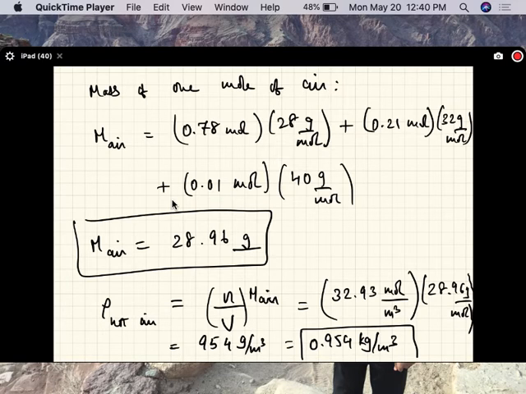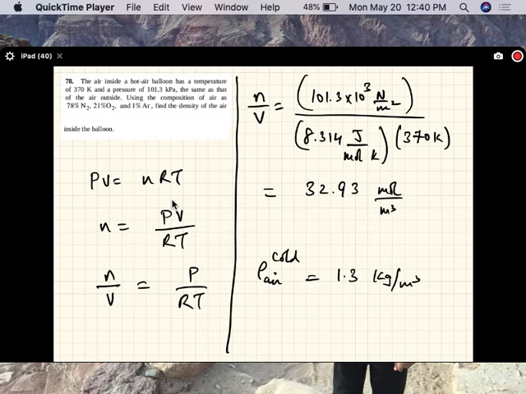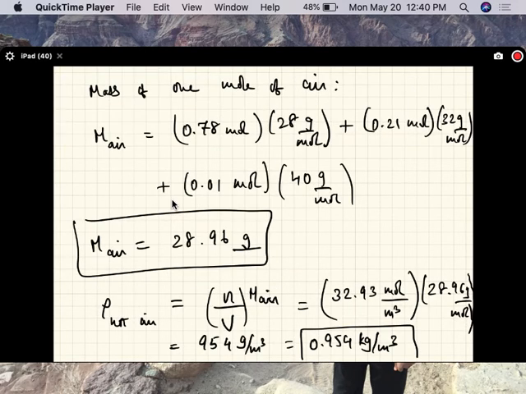And as promised, this is less than the density of cold air, which is 1.3 kg per cubic meter. Okay. So the density of hot air is about 1 kg per cubic meter, about 30% less.